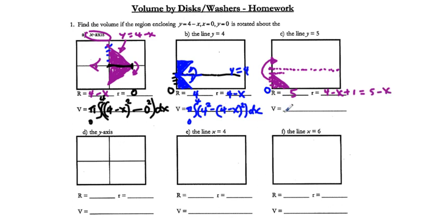And so when we take the volume, we're going to have pi times, from limits from 0 to 4, of big R, which is 5, squared, minus quantity 5 minus x squared, and dx.